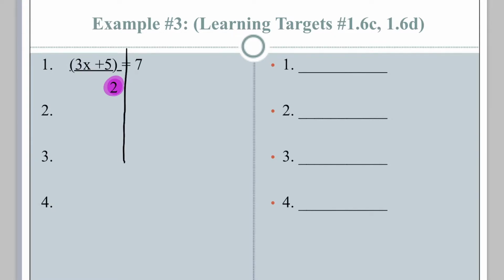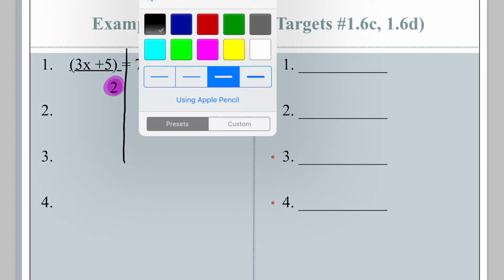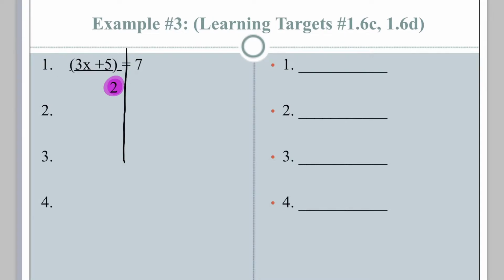Well, now I need to look at inverse operations. Inverse operations are operations that undo the work of another operation. So in this case, the inverse of division is multiplication.